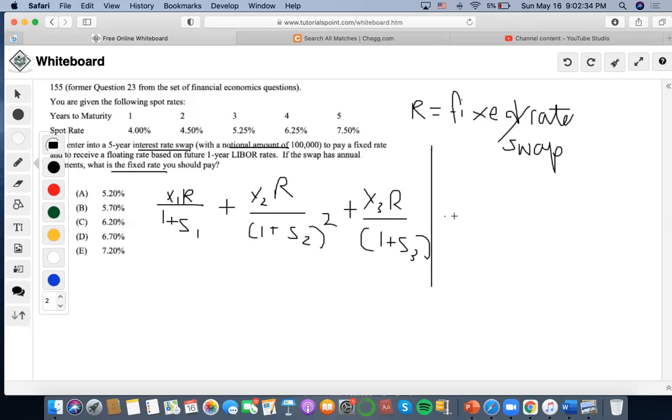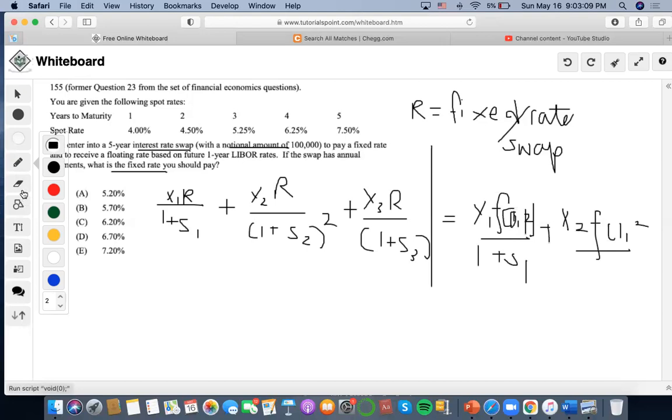And we'd set it equal to X1, the floating rate from 0 to 1, discounted by the spot rate, plus X2 from 1 to 2 over 1 plus the second spot rate, and so on, and then the third one. So this would be the type of equation that we would use for a non-level interest swap rate.